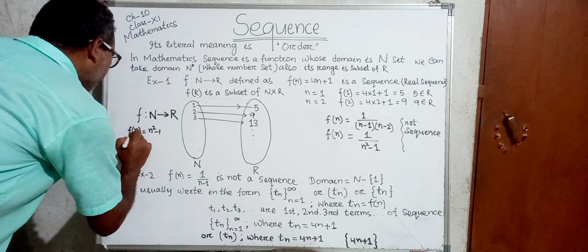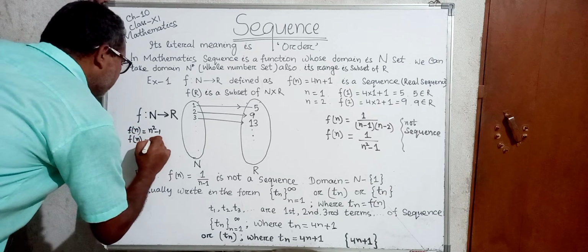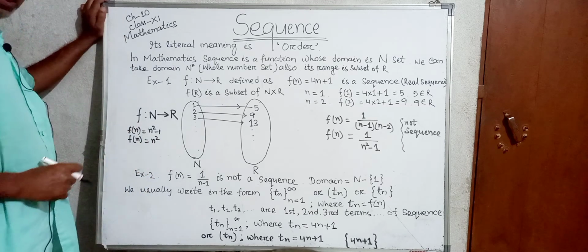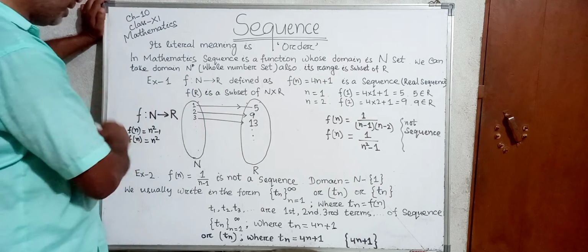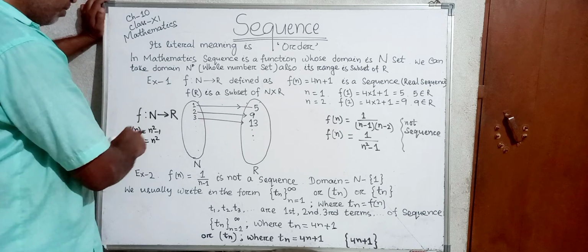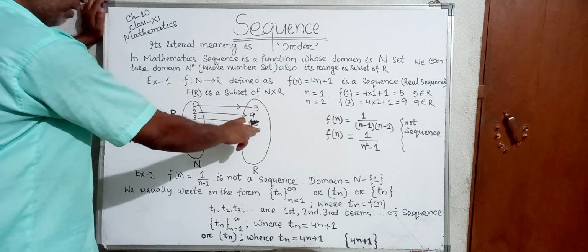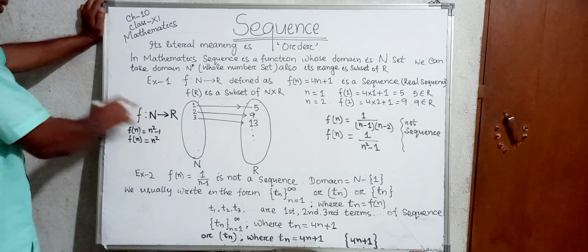And f(n) = n square is also a sequence. Why? Because the domain is the N set, and for the N set there is a real value in the real number set. So that is why these are sequences.